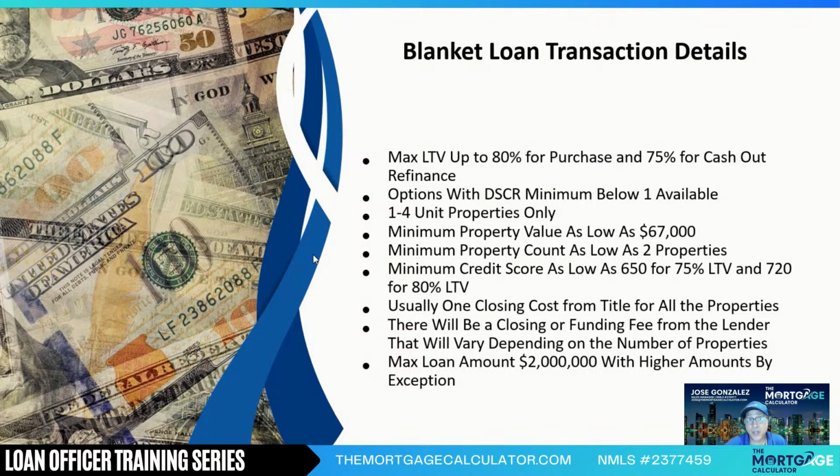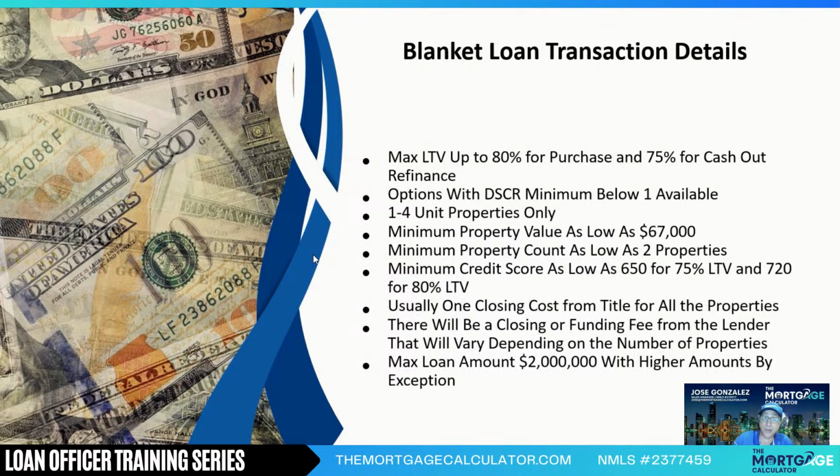Minimum property value as low as $67,000, because we do have a minimum loan allocated per property of $50,000. And if you divide 50,000 by 75%, which is the maximum LTV for that option, you get 66,000 and change. So I rounded up to 67,000 as the minimum property value, and this particular option that does allow as low as 67,000 will allow a property count as low as two properties.